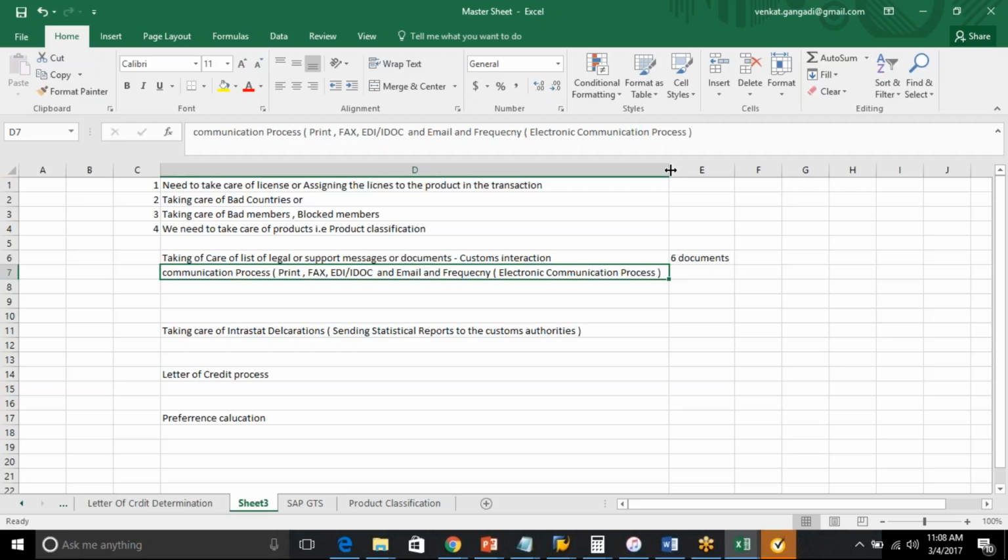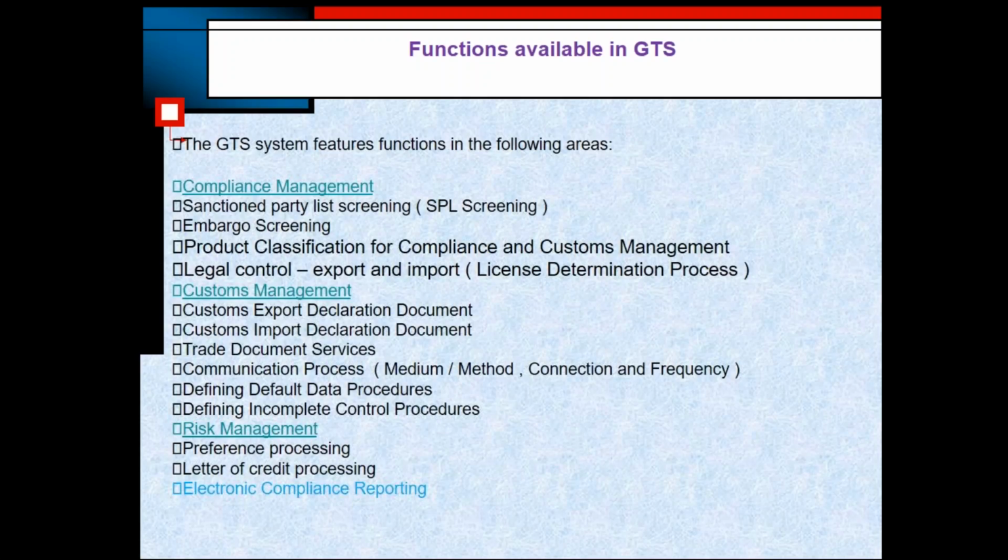There should be some base documents you need to create. Export documents should be created. Yes, that is what I'm explaining. Customs documents.